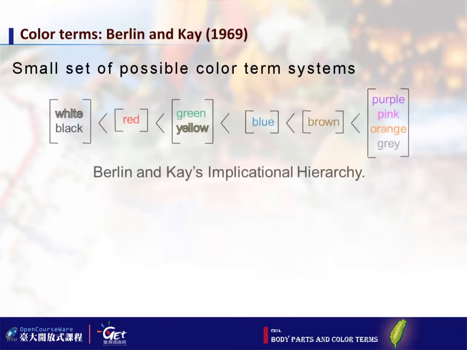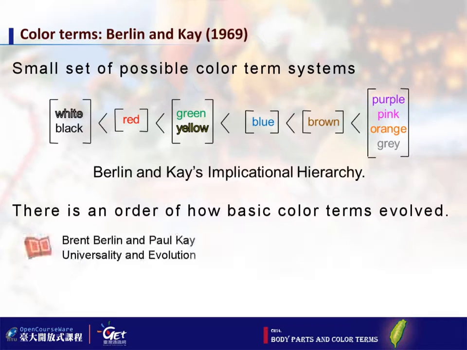Berlin and Kay did the color term study, and it shows that there are 2 sort of questions. One is that it's considered that there's a small set of possible color term systems. And so there's a developmental order. There's also an order in how these basic color terms would evolve.